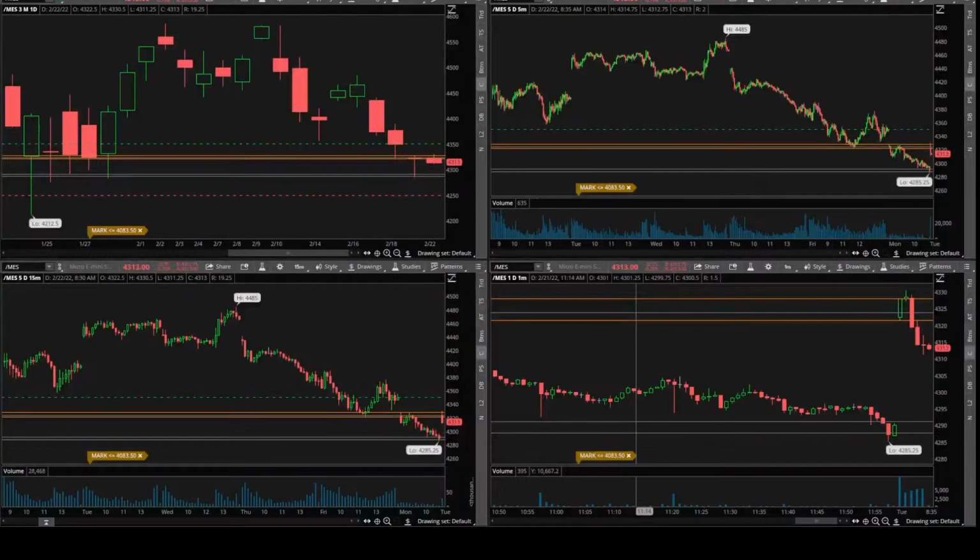Let's see. Yeah, NASDAQ's still weak. Not as weak as the E-mini though.